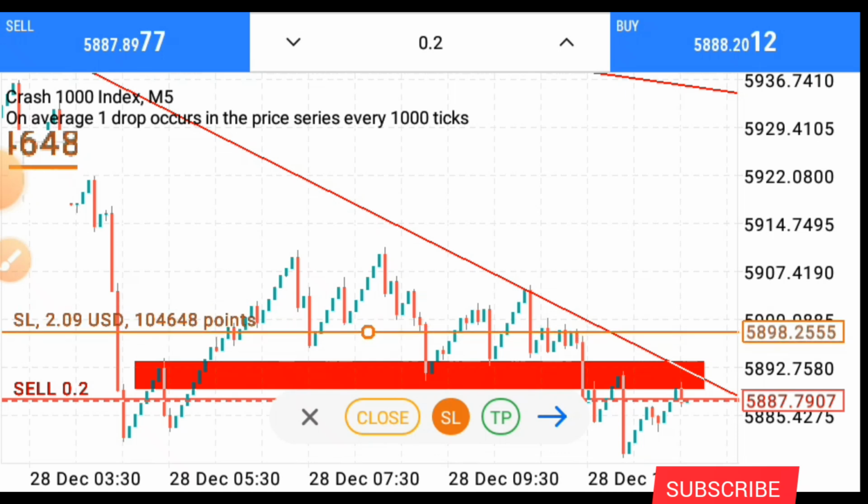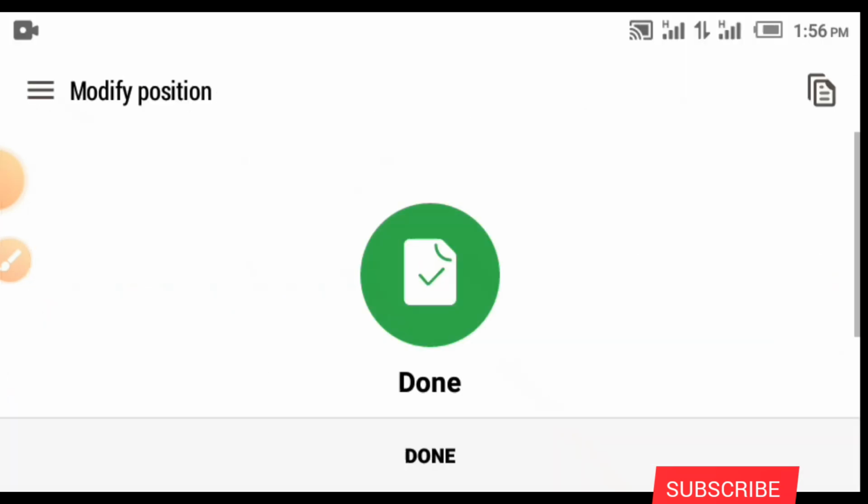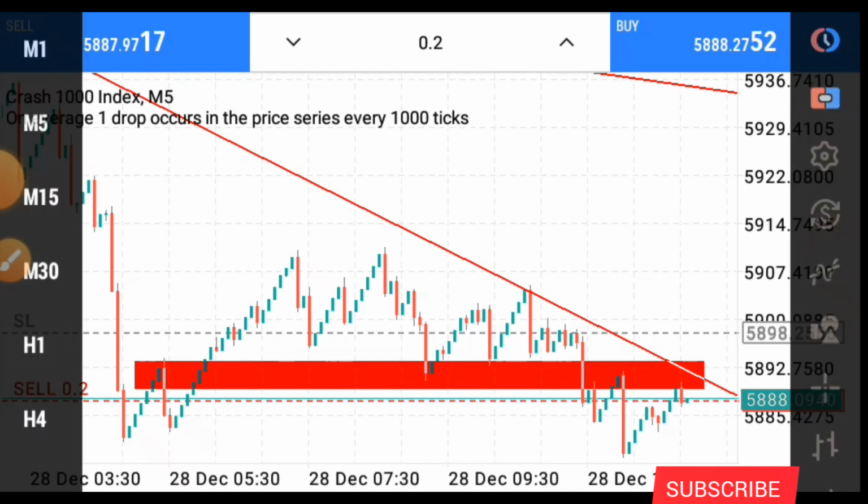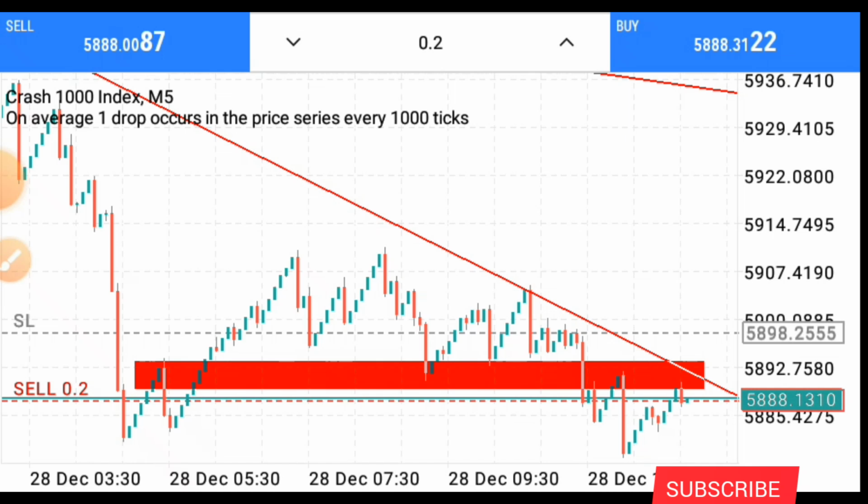That's what I'm willing to lose. So you can see this is where price is going to be before it takes me out, and then I'll set my TP anywhere I want. This is the way you can analyze and take your own entry too.